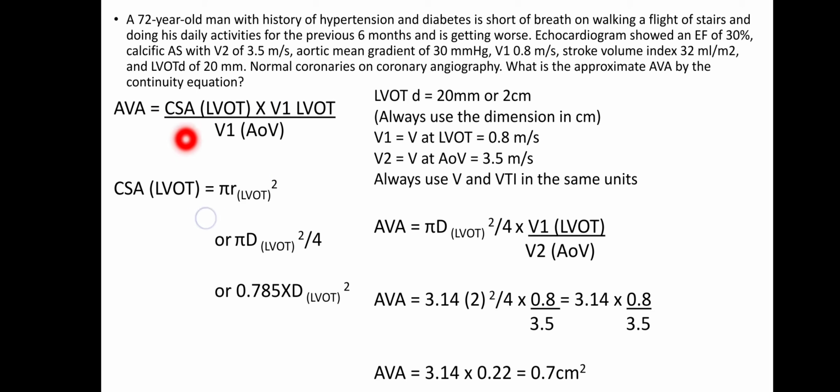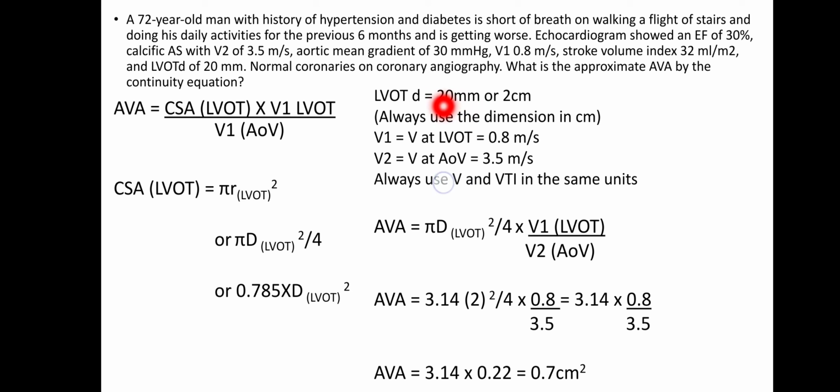This is the formula we have already discussed. So just put the values in this formula and we'll be able to get the aortic valve area. LVOT diameter equals 20 millimeters or 2 centimeters. We always use the dimension in centimeters if we are calculating aortic valve area, as the area will be in centimeter squared.